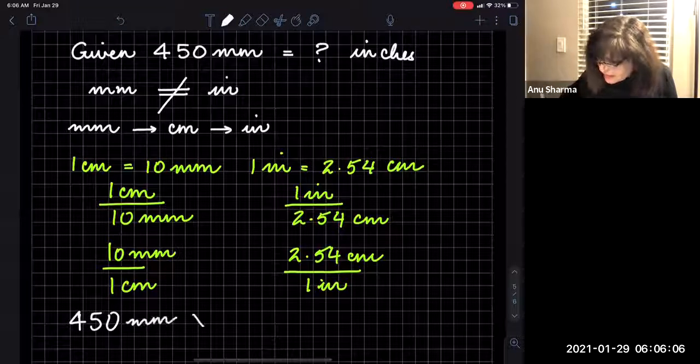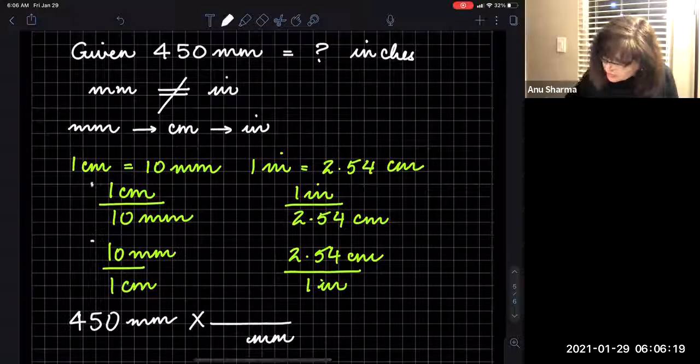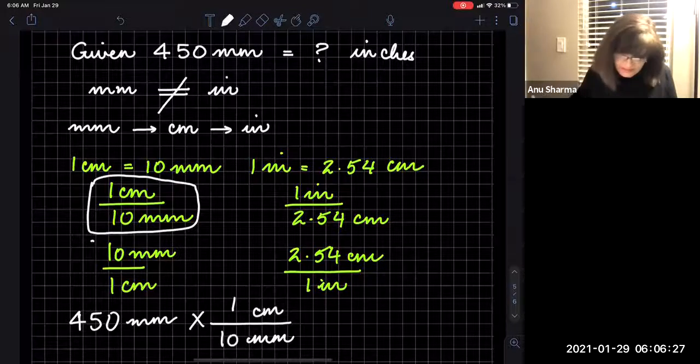So we have 450 millimeters times, now we need to get rid of millimeters. So that unit is going to be in the denominator, in the relationship between millimeters and centimeters. Millimeters is in the denominator and centimeter is on the top. So 1 centimeter is 10 millimeters.